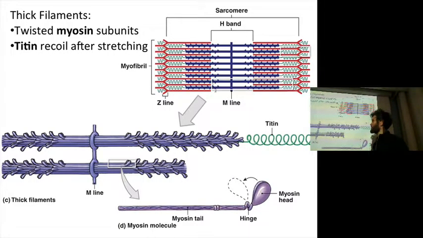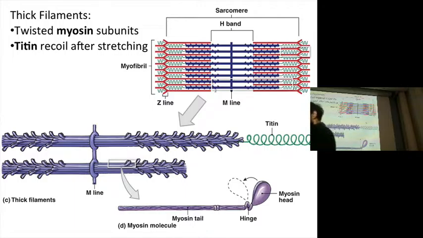So thick filaments are made of this protein called myosin. And myosin, a monomer, looks essentially like this. There's a long tail region and then a little myosin head group and a hinge region.